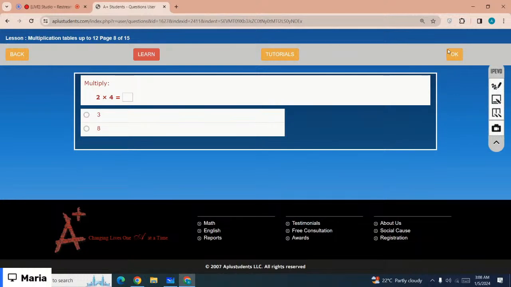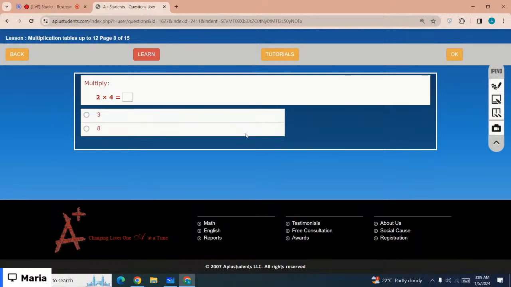The next one is 2 times 4. Which is the correct option? 2 times 4 is, yes, very good, that is 8. 2 times 4 equals 8.